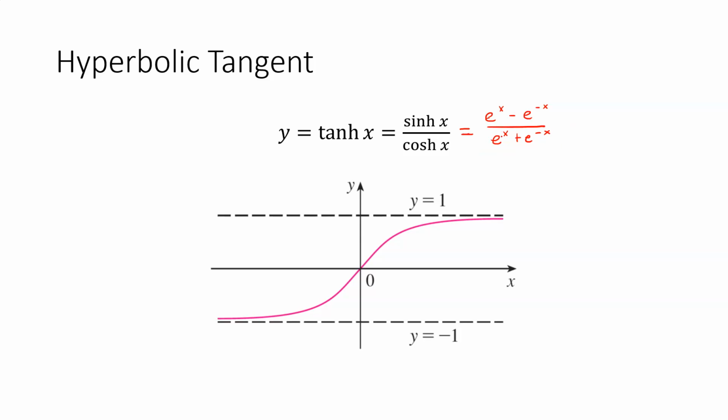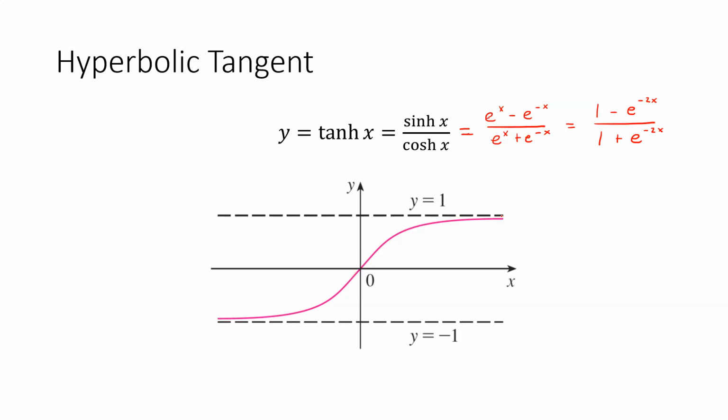As x goes to infinity, if I divide out e to the x, for instance, the top and bottom, these terms e to the negative 2x both go to 0. So I'm left with 1.